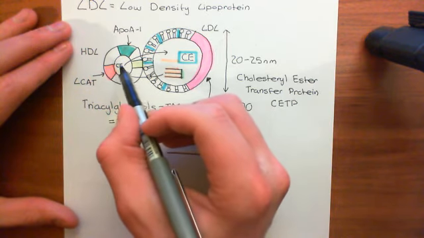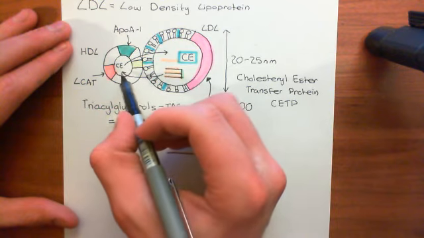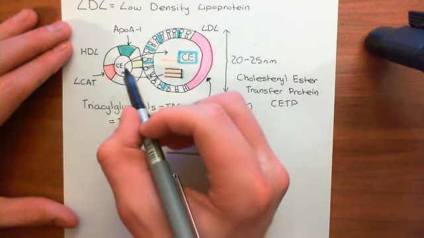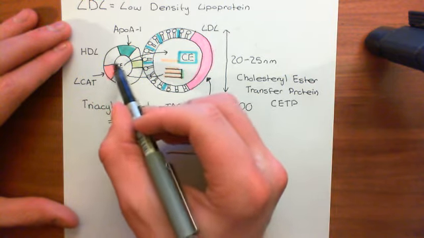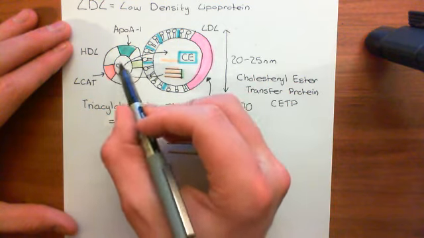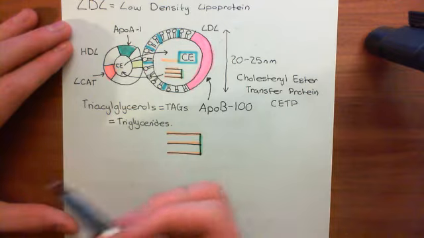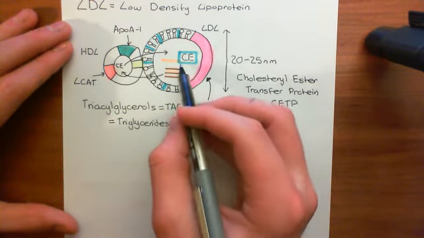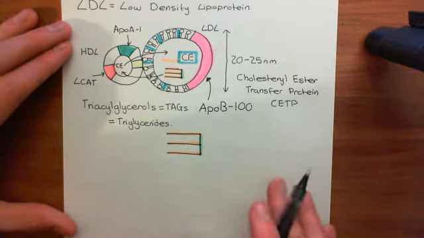The cells which were overloaded with cholesterol, remember, gave their HDL particles cholesterol and lecithin, and the LCAT then produced cholesterol esters from those two substrates. Now the HDL particles can either go and give this cholesterol directly to the liver, or they can give it to low-density lipoproteins, which can also give it to the liver.